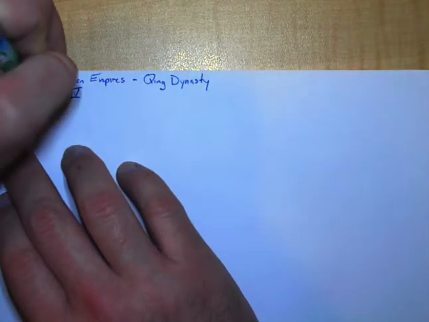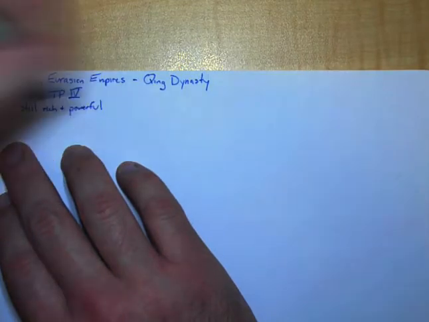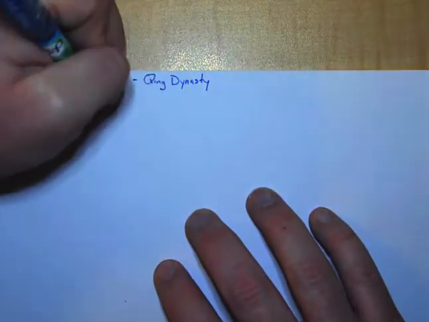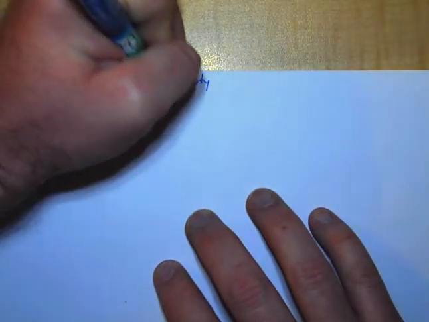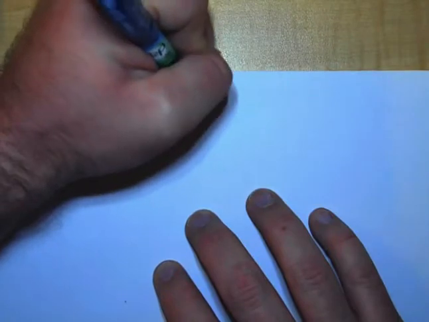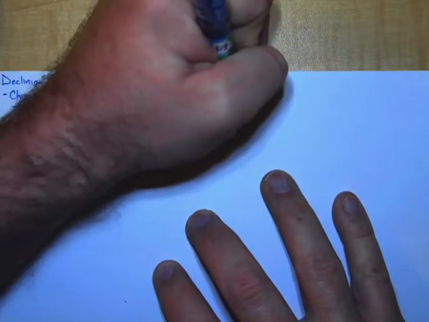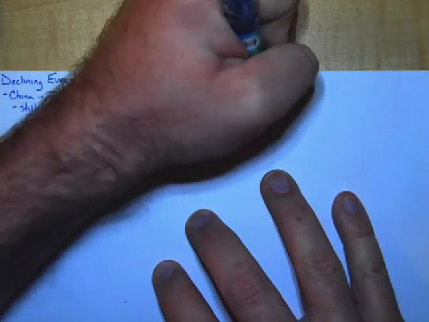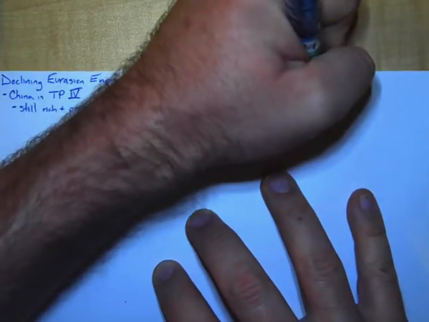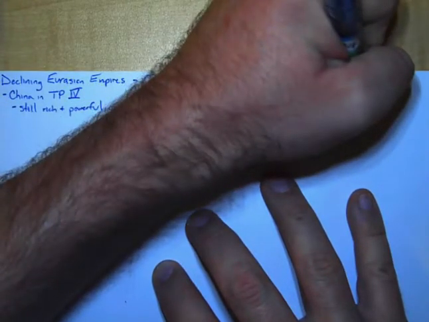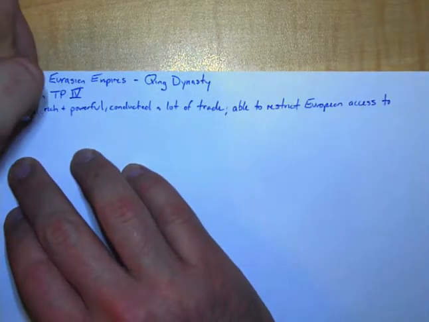They were still rich and powerful. They still conducted a lot of trade, and they were able to restrict European access to Chinese trade markets.